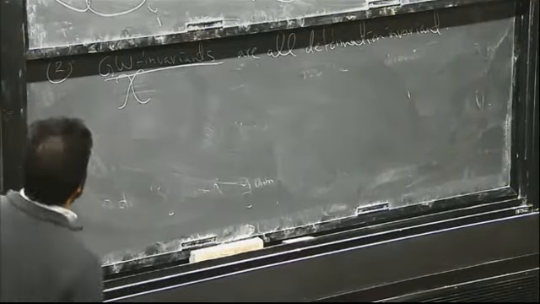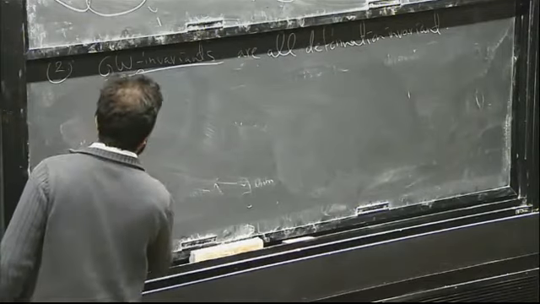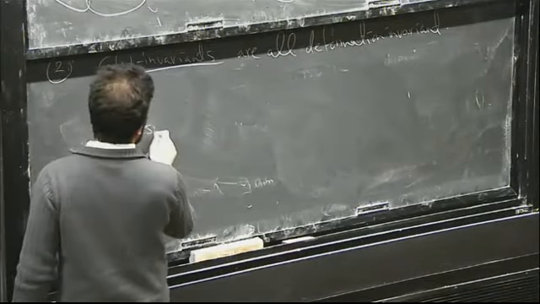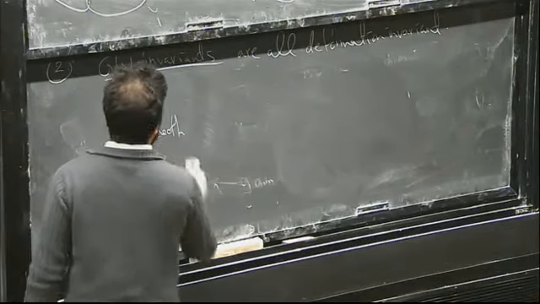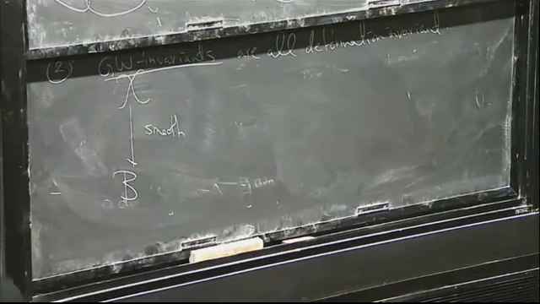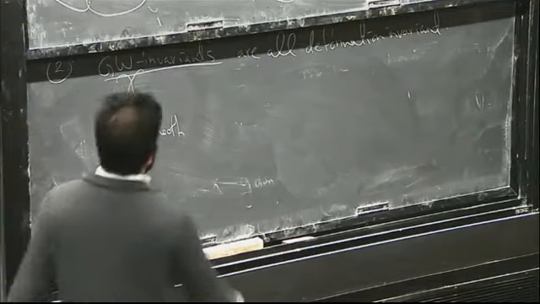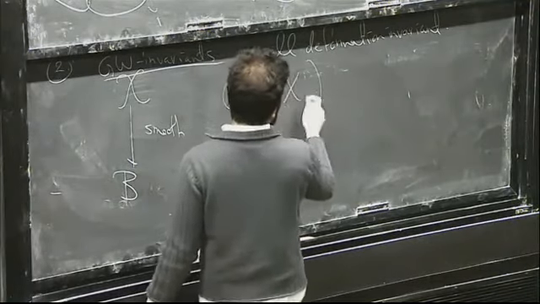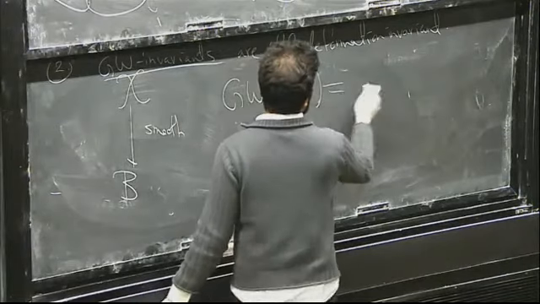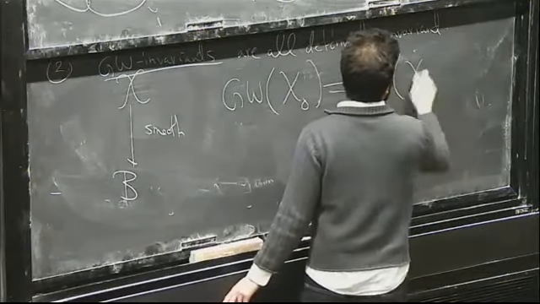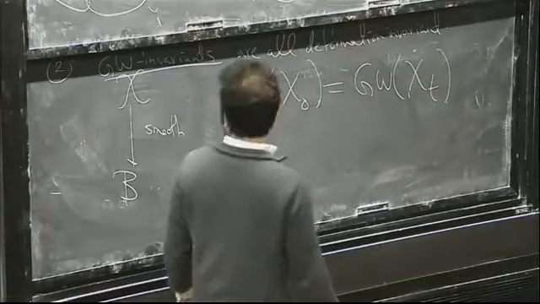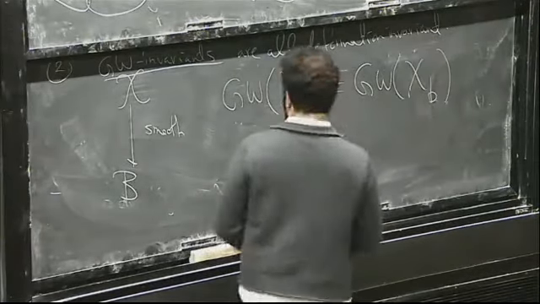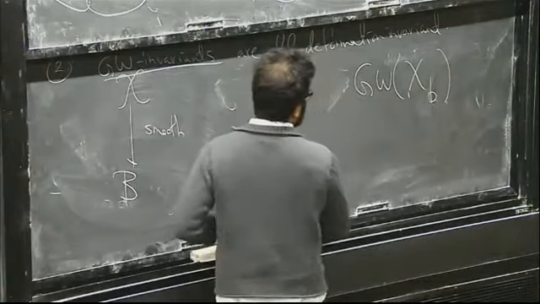Well, what do I mean by that? Well, if I have a smooth family of varieties, then the Gromov-Witten theory in any genus of any fiber is the same. Maybe I'll say it like this. Sorry. So the Gromov-Witten theory of a fiber is independent.